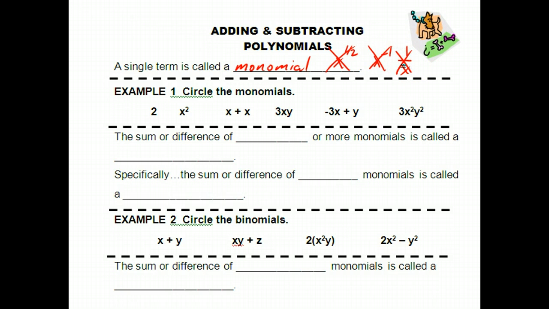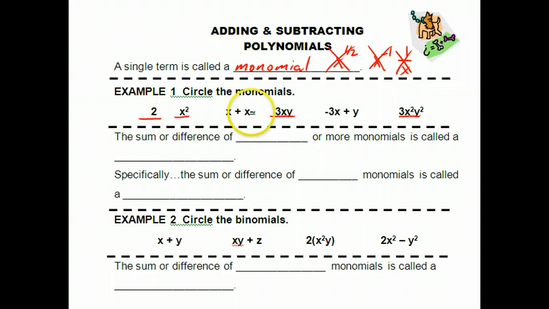Okay, so if you're going to have a monomial, it can't have any of those three things. So a monomial is a term that doesn't have any plus or minus signs between it, and doesn't have a fractional or negative exponent, or a variable under a divided sign.